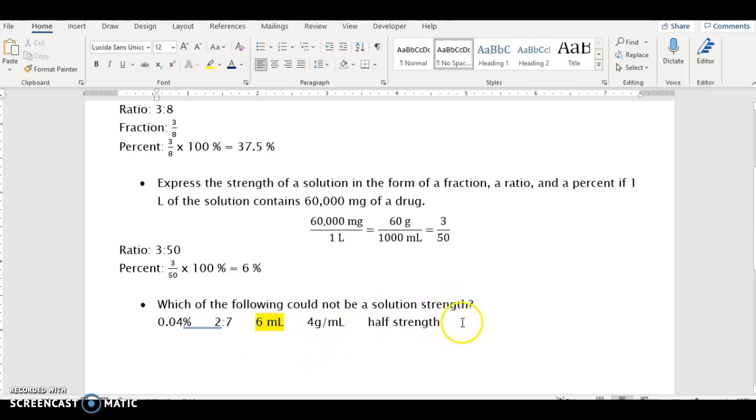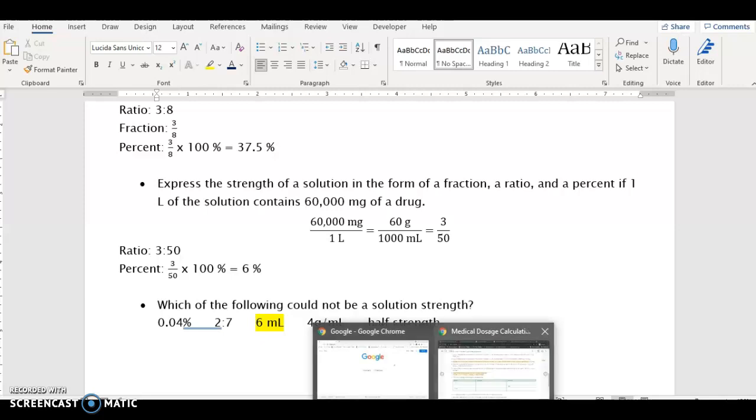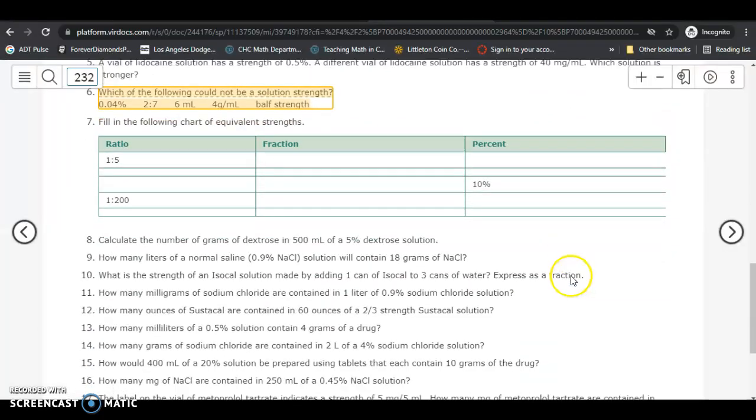And you're going to see a similar problem in the homework. In the homework, you're going to be asked to identify the ones that are the strengths of a solution. So this example will help you answer that question in the homework. In fact, let me just quickly show you the problem that you're going to see.